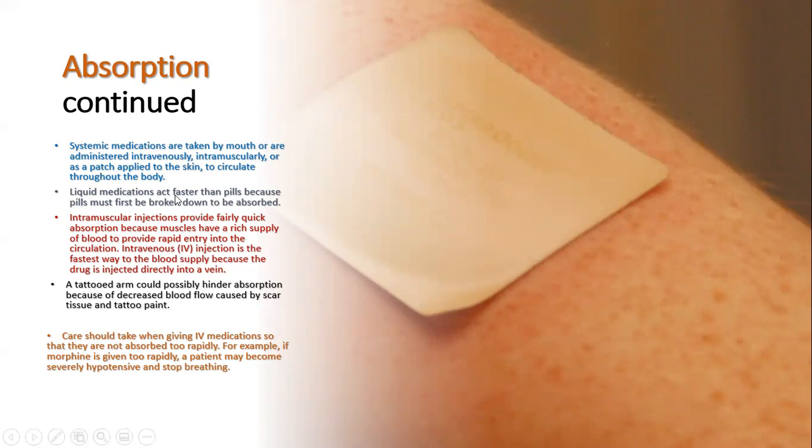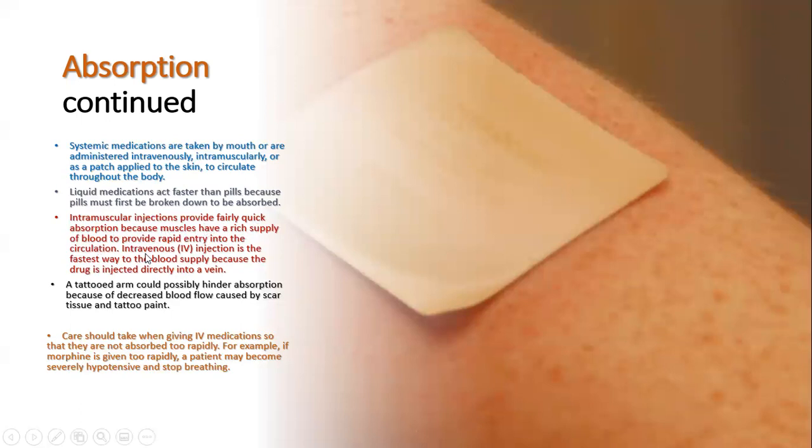Liquid medication acts faster than pills because pills must first be broken down to be absorbed. Intramuscular injection provides fairly quick absorption because muscle has a high blood supply to provide rapid entry into the circulation.